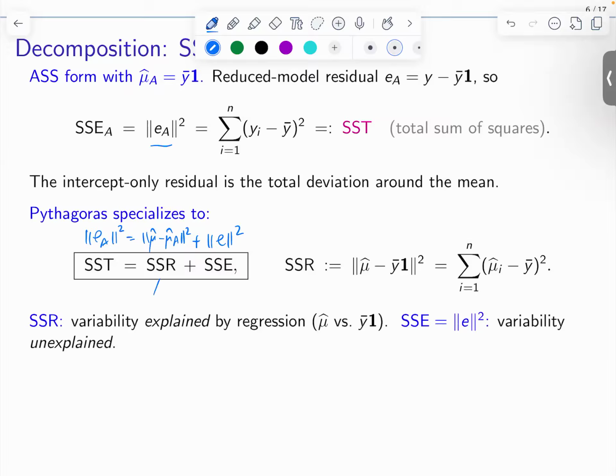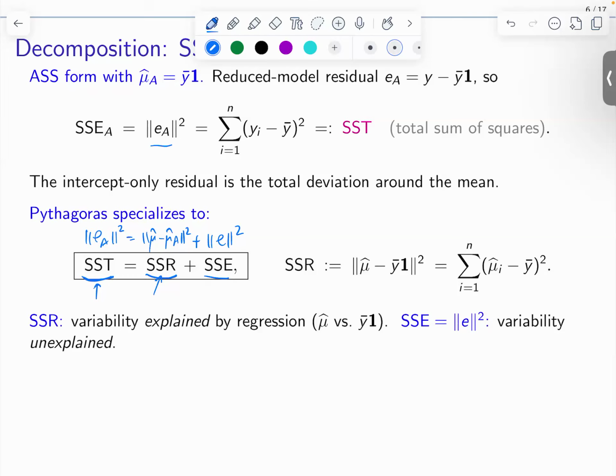This tells you how well the regression is doing. So you can see the total variation is decomposed into the variation explained by the regression, which is this SSR, plus the variation which is unexplained by the regression, which is the SSE. You can think of it as the variation unexplained by the simplest model, which is just the intercept model.